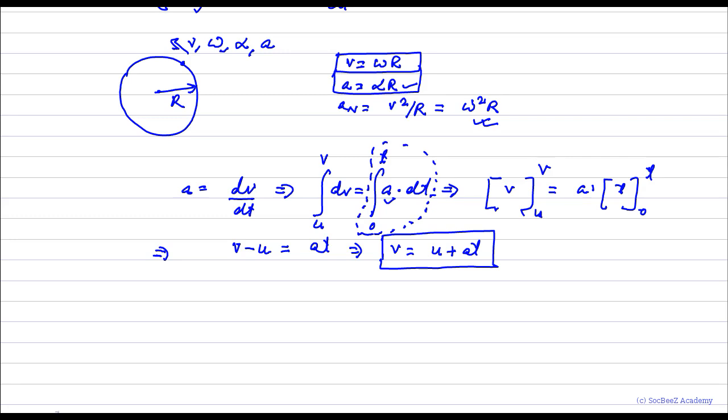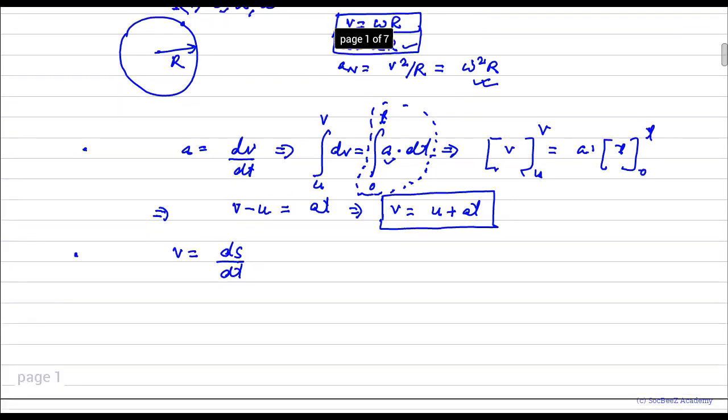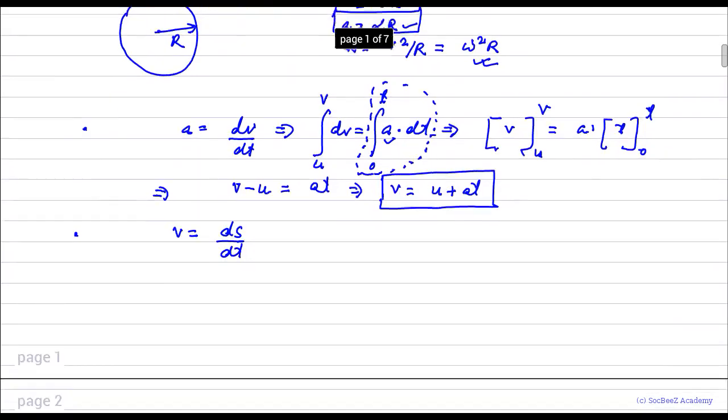Now let us try and solve the second equation of motion. Fine, v is given as ds by dt. It is the rate of change of the displacement vector.